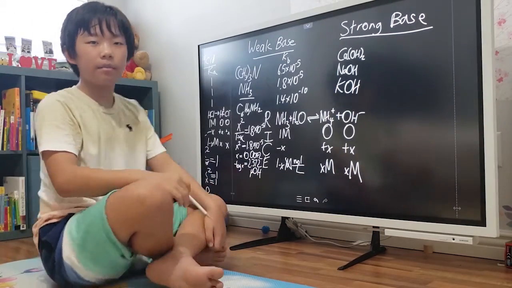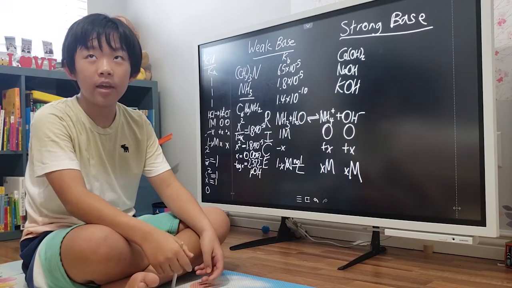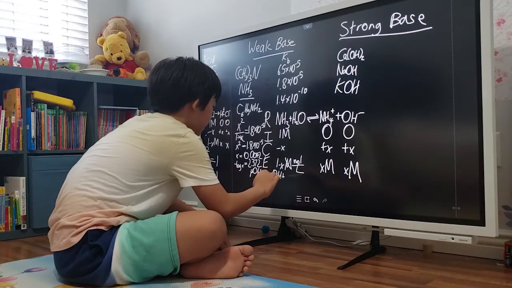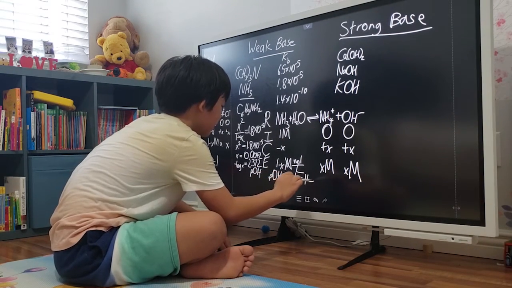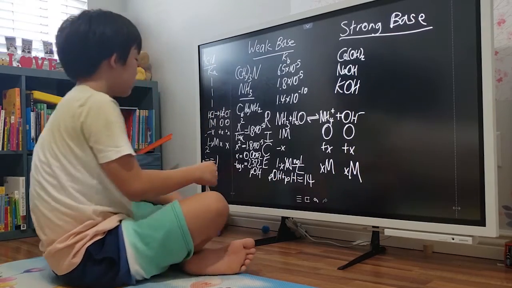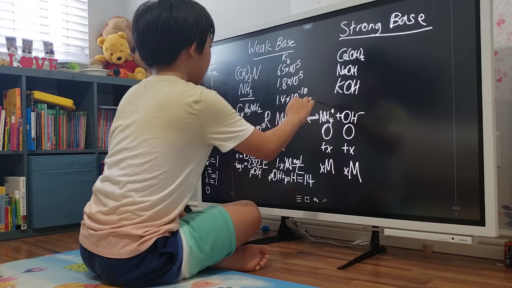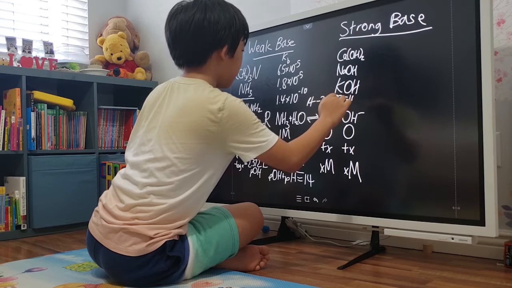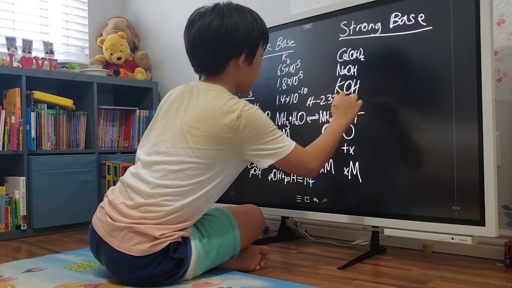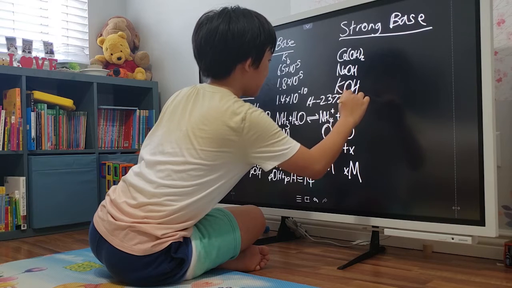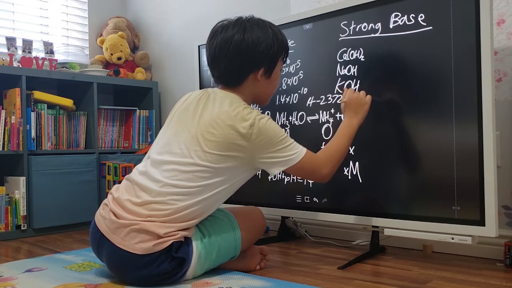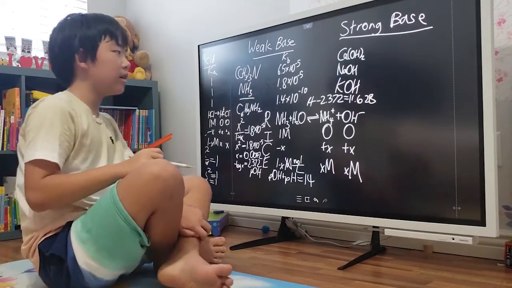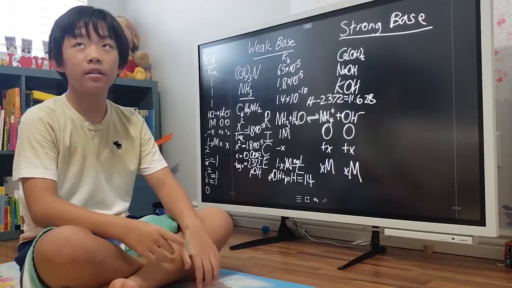But the good thing is we can easily solve for the pH, because pOH plus pH always equals 14 at room temperature. So we can do 14 minus 2.372, which makes 11.628. So 1 molar ammonia is 11.628 on the pH scale.